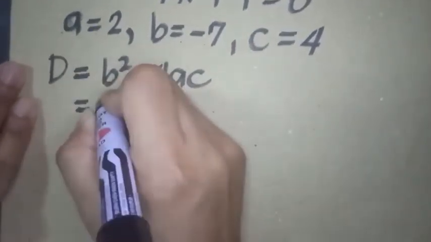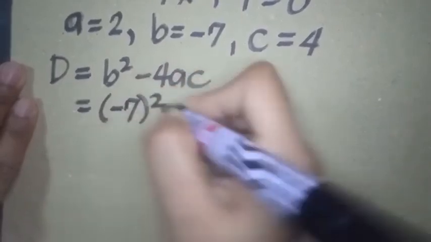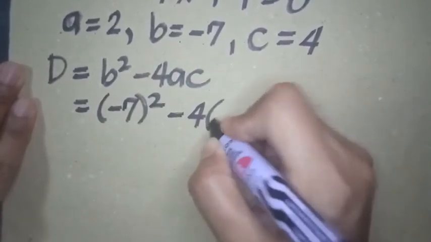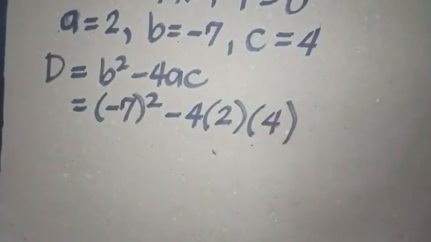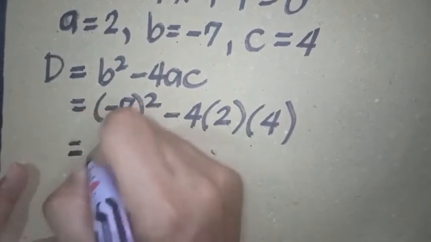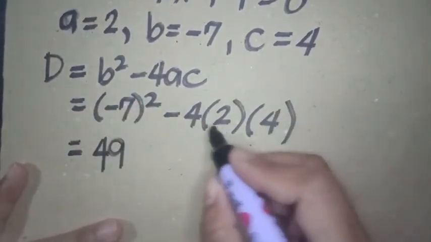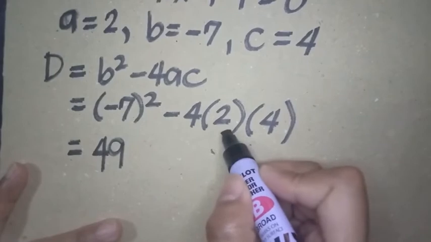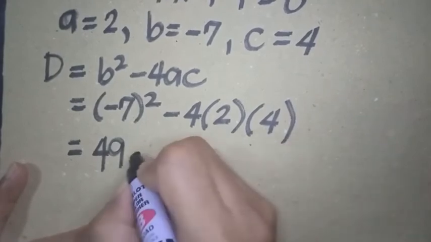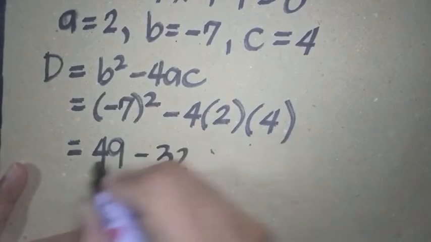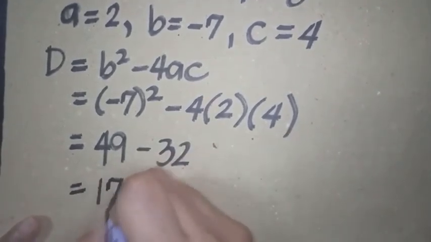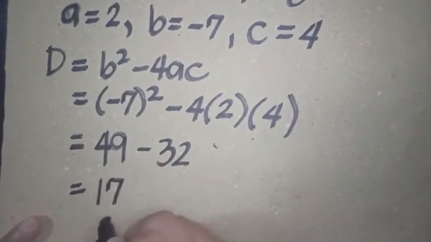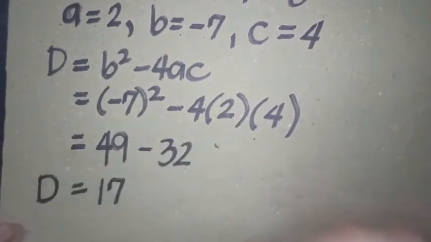So b is negative 7 squared minus 4 times a times c. Okay? So negative 7 squared is positive 49. Then we have negative 4 times 2 is negative 8 times 4 is negative 32. So subtract natin, 49 minus 32 is 17. Tama ba? So 9 minus 2 is 7, 4 minus 3 is 1. So our discriminant is 17.